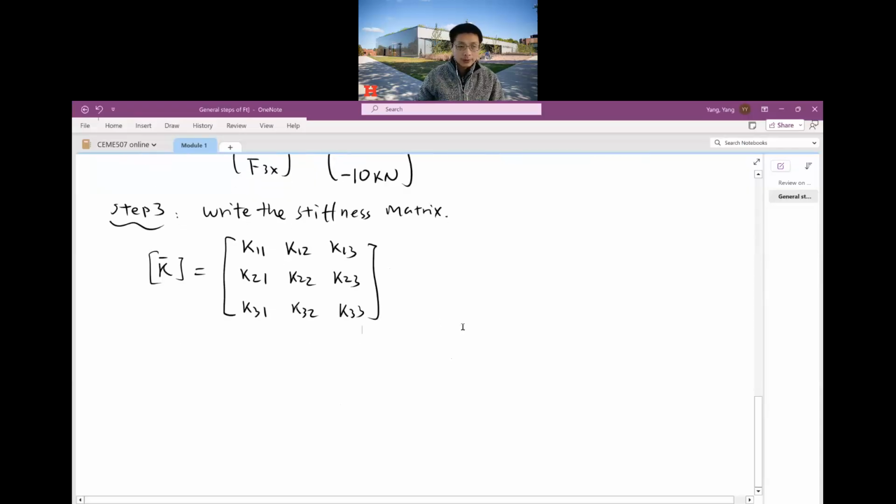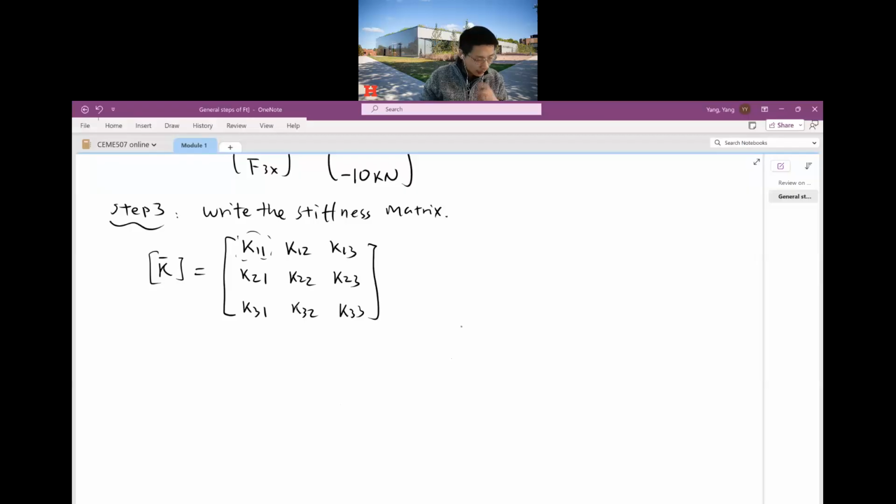By doing a structural analysis, we should be able to tell that K11 represents the force where you fix the other degrees of freedom and you apply a unit displacement.